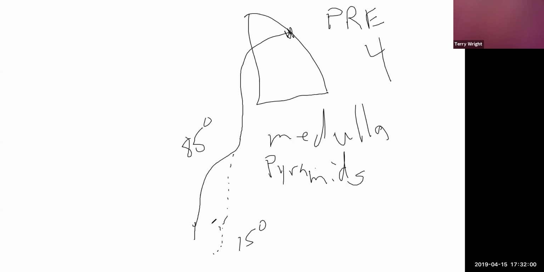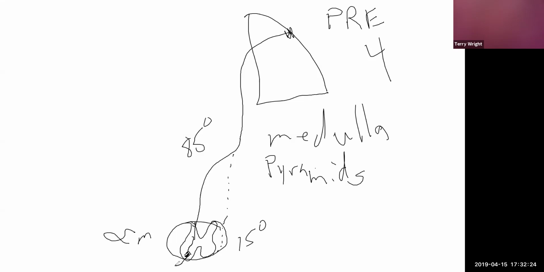Okay, but they're all going to meet up here. Where would you think they're going to meet up? Here's my cord, and I'm going to just draw the gray matter. Where is it going to go? Well, this is a motor tract, so it's going to go to the alpha motor neurons that are here in the anterior horn, because this is the motor section.